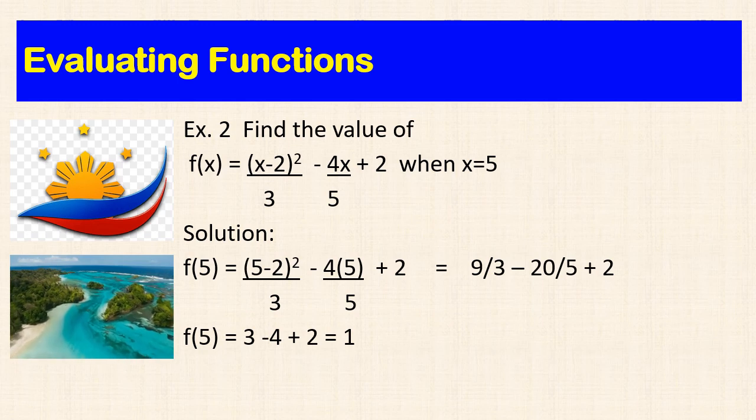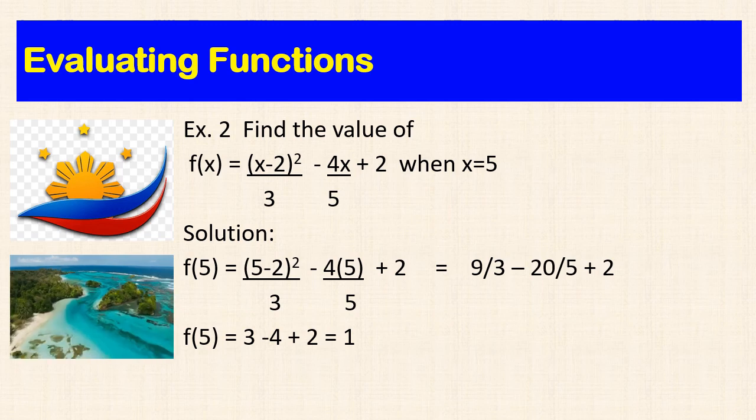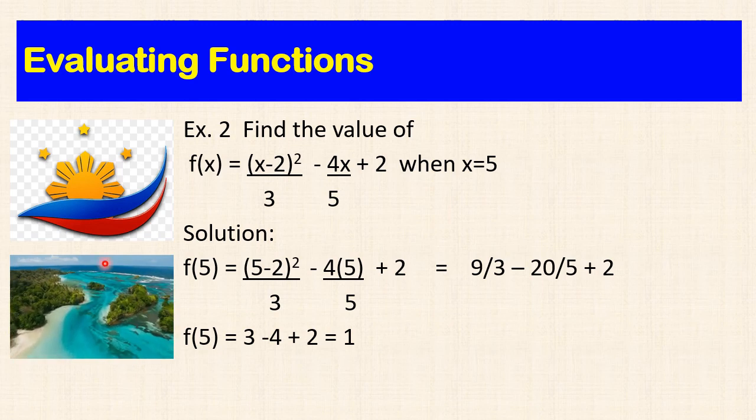We have another example. Find the value of f of x is equal to the quantity x minus 2 quantity squared over 3 minus 4x over 5 plus 2 when x is equal to 5. We can say that we are actually looking for f of 5. So f of 5, we will substitute 5 to all x's.